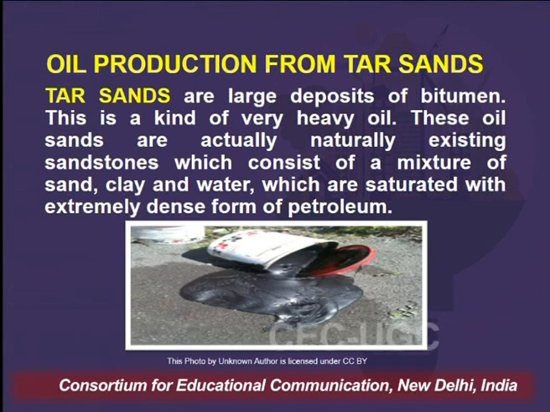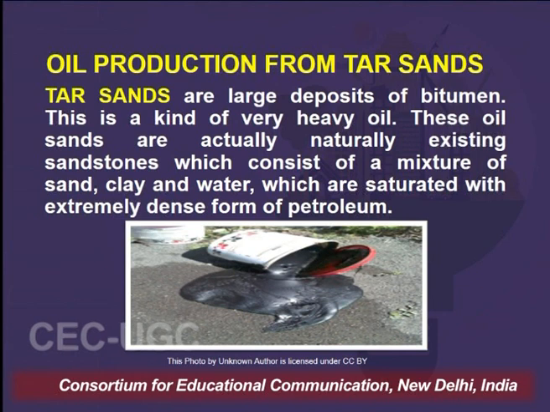Oil production can also be caused from tar sands. Tar sands are large deposits of bitumen. Bitumen, as we know, is a form of coal. This is a kind of very heavy oil.